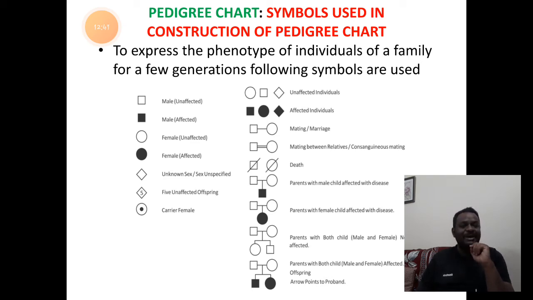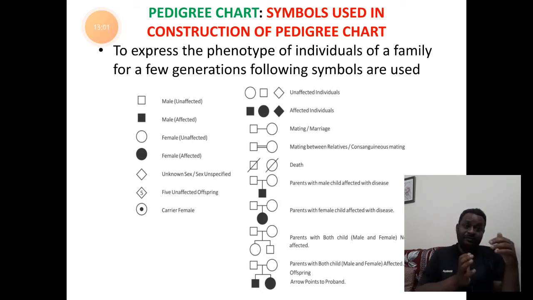Students, remember the characters which get transferred from parents to the offspring can be through the genes of autosomes or of the allosomes.